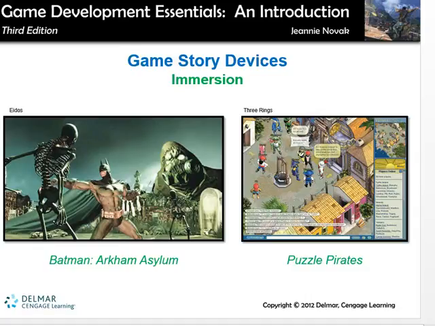When players exit their character during the play, they break the immersive feel. So what they're talking about here is if someone is in the game and they break character, that kind of breaks the feeling of being in a different world, and that's something you typically don't want to do, is break your character.